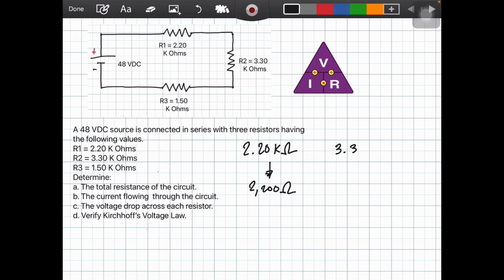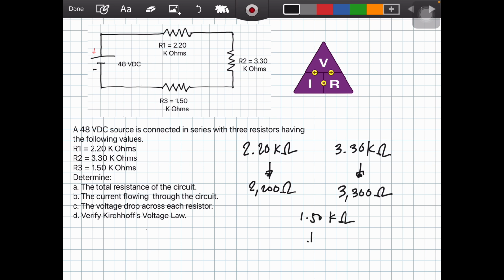Now for R2, there is 3.30 kilo ohms. You convert that first to ohms, that would result to 3,300 ohms. How about 1.50 kilo ohms?